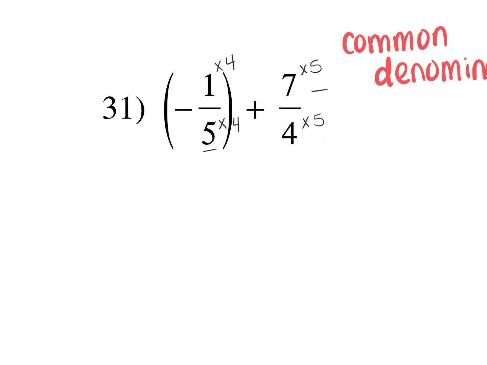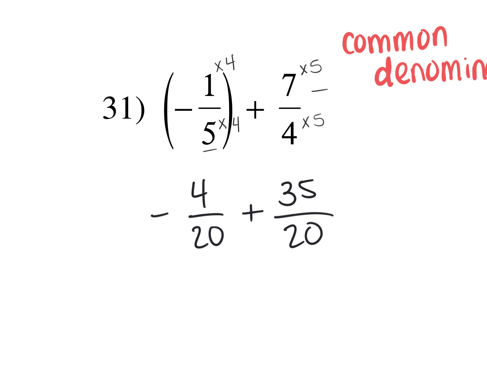Okay, so we're taking the 1 and multiplying by 4. So it's going to be negative 1 times 4 is 4, and 5 times 4 is 20. Then we have plus 7 times 5 is 35, and 4 times 5, which is 20, okay? Now you'll notice we have a common denominator. We have a 20 over here and a 20 over here. What you do when you add these fractions together is you only add or subtract their numerators, okay?